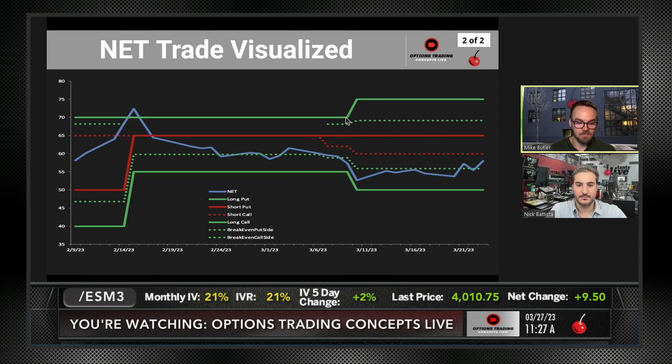So where 70 is and where 55 is, but a collection of $2,200, which means your break even is above 75 and below 55. So your break evens on that, on the Square position that's 15 points inverted, are above this hard green line and below this hard green line.